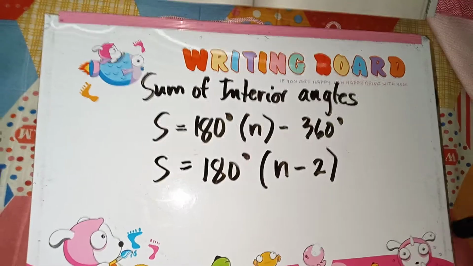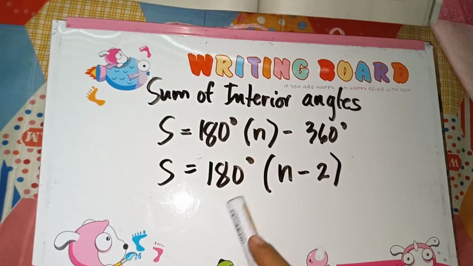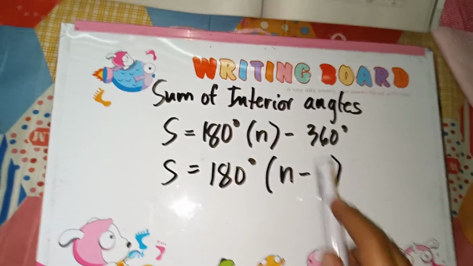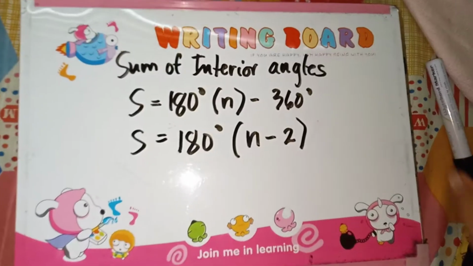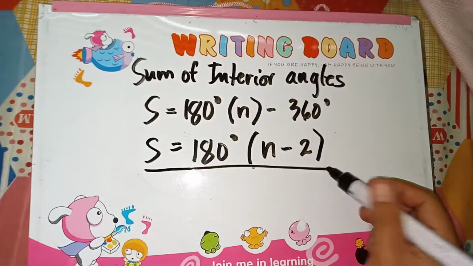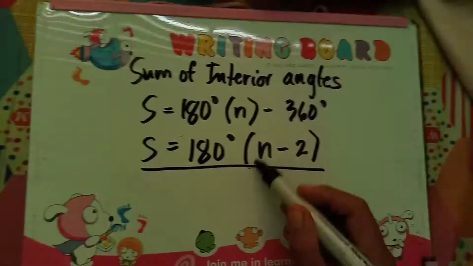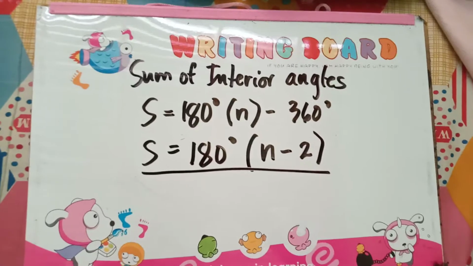That is because 180 times n is 180n, and 180 times 2 is 360, so it is minus 360 as well. So that is the same. This is the formula to find the sum of interior angles of a given polygon, where n is the number of sides.